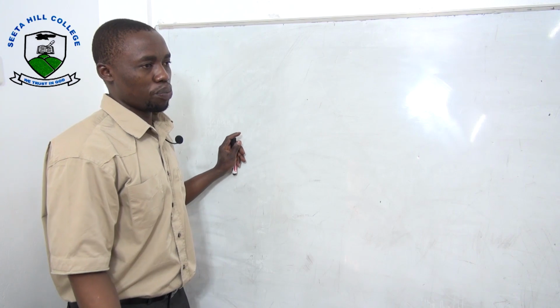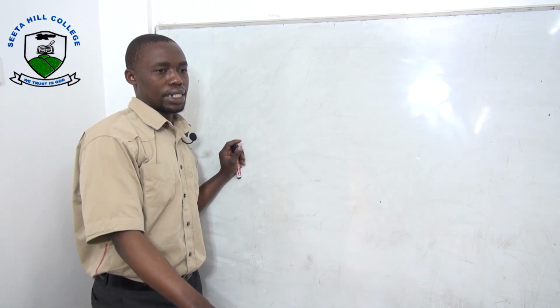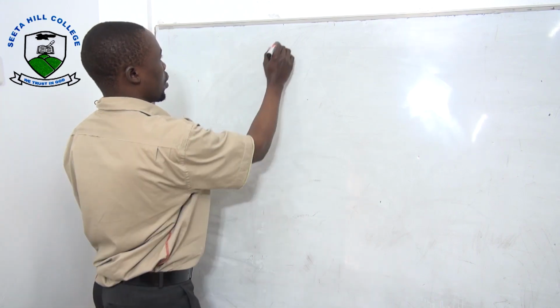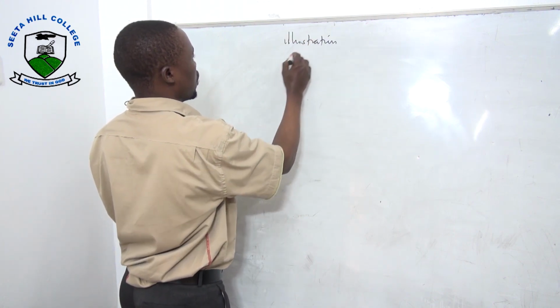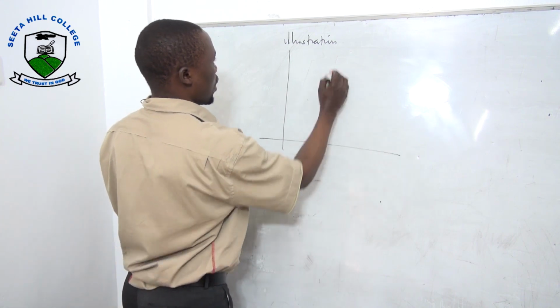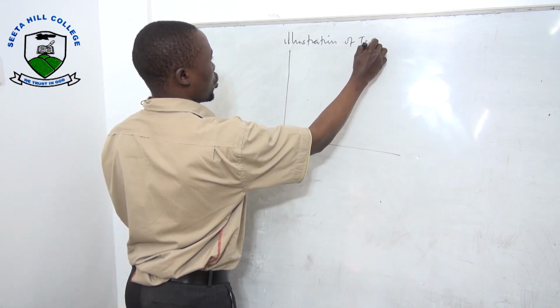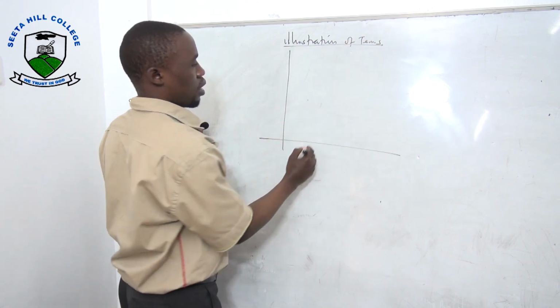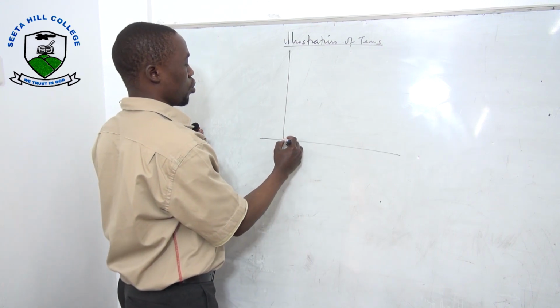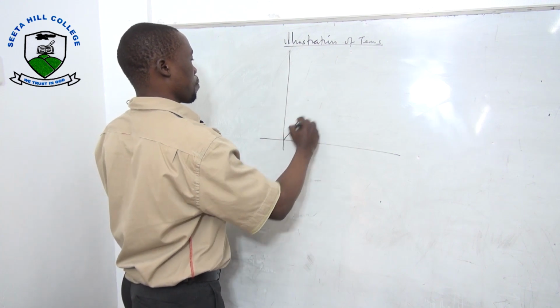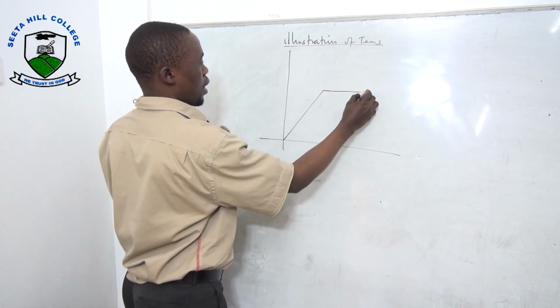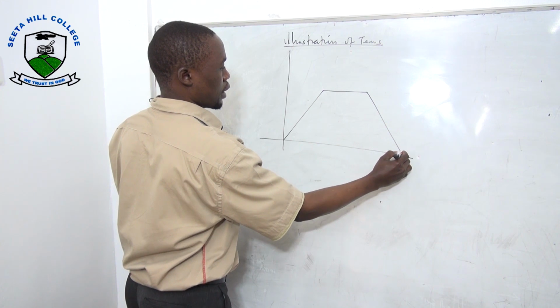That means we plot speed against time. Now, illustration, you see, the terms used here: when the speed is increasing, it normally has this type of fashion.